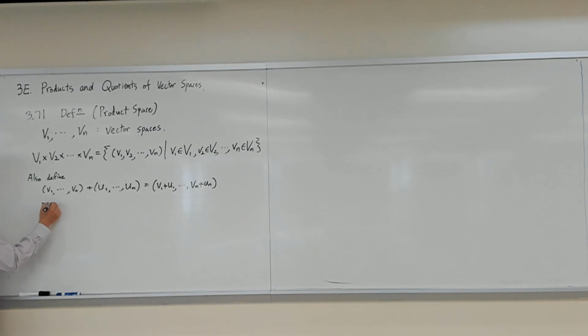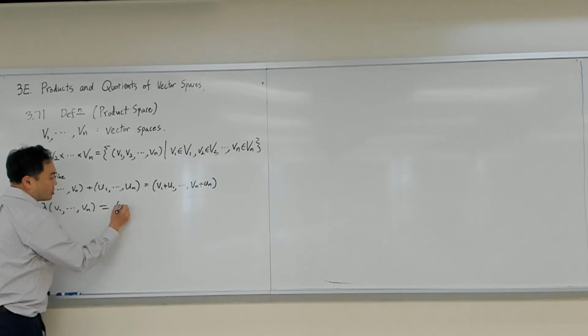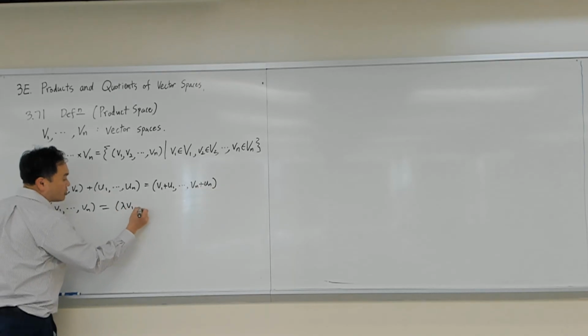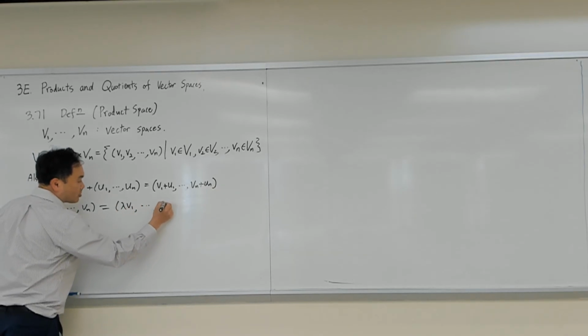And if you had some constant in the ground field, base field, then again you define this as lambda times v1, ..., lambda times vn.